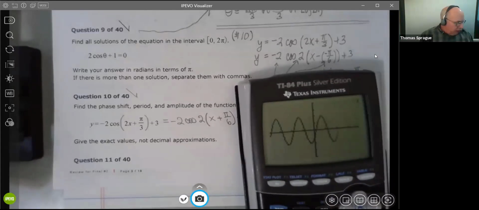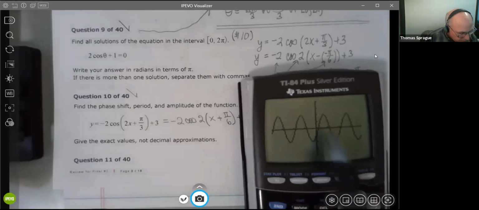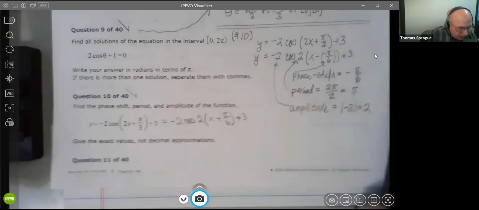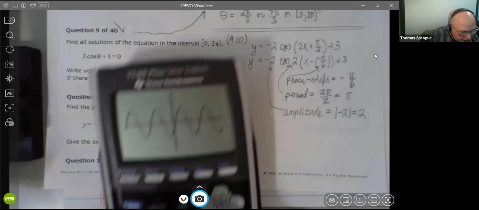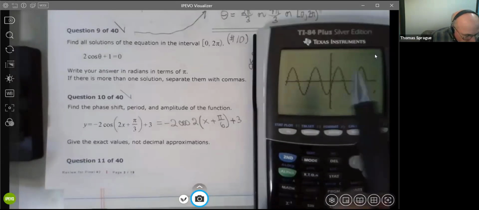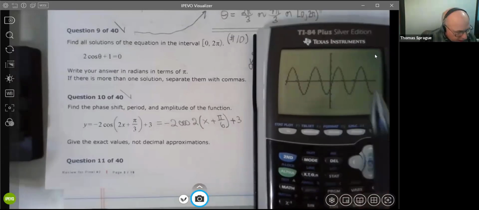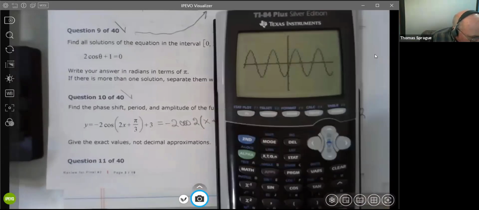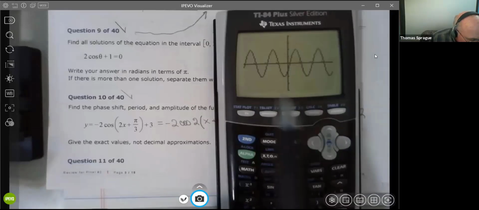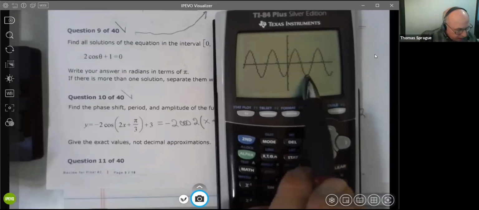On the standard trig window, these tick marks are at pi over 2 units. So our period we're expecting to be pi, and it does look like that. This shape pretty much has repeated itself by the time you get to the second tick mark. You can see the amplitude of 2, 2 tick marks to get to the top of the curve, or 2 down to get to the bottom.